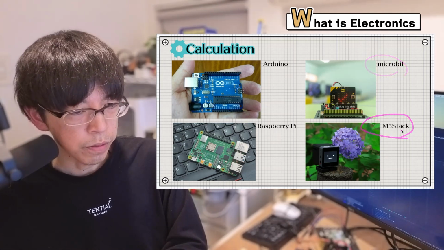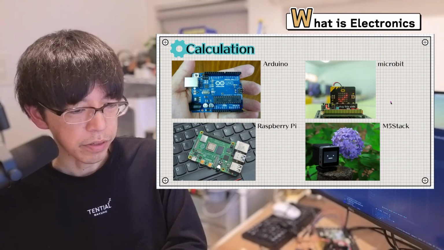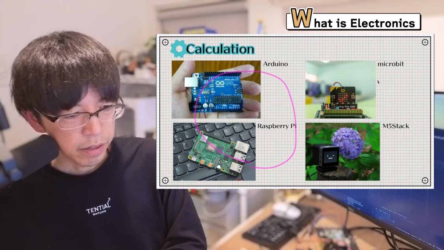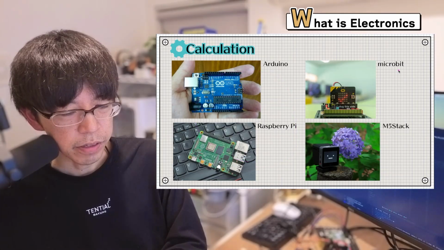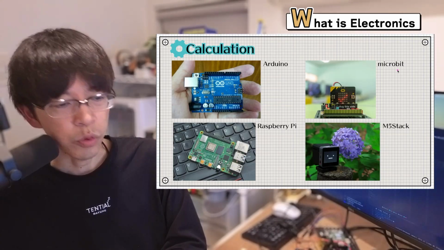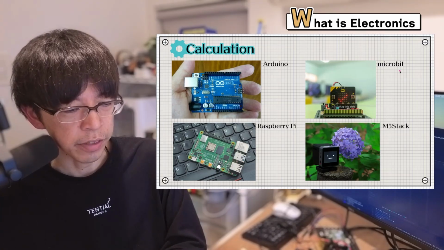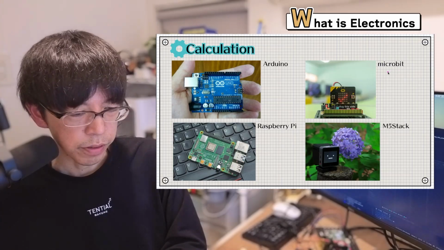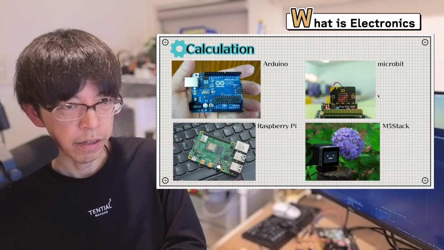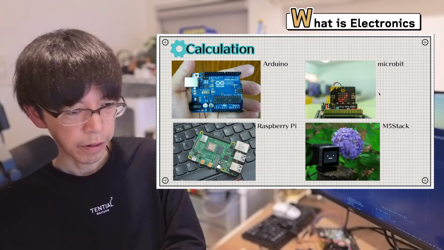These are also very famous, but less famous compared to the Arduino and Raspberry Pi components on the left-hand side. The micro:bit is commonly used in the education industry, especially in elementary school or junior high school, because the biggest feature of the micro:bit is how to build programming.